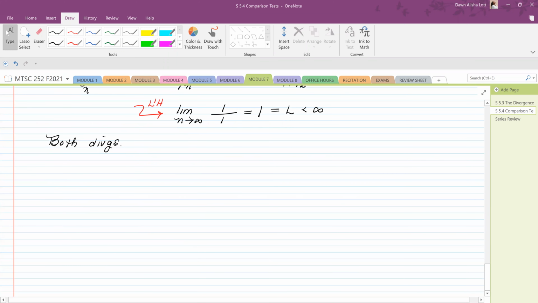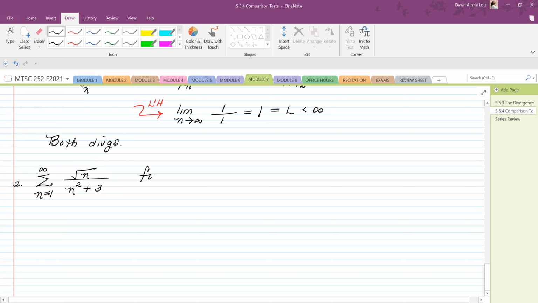Here's another one. Number 2. Summation n equals 1 to infinity of the square root of n over n squared plus 3. Okay, so what does this look like for large n?